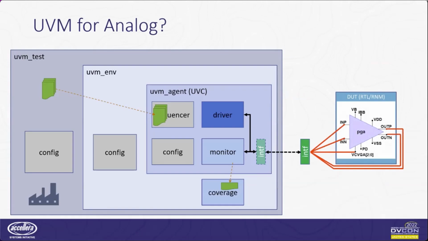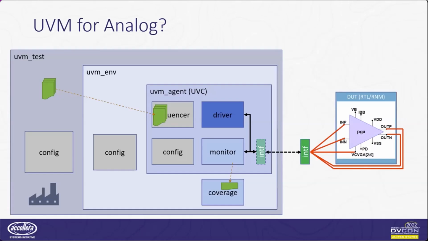How are we going to do that with analog behaviors? And so what we need to do is to understand how we can extend the idea of a driver and a monitor from the digital realm, and also a transaction item that defines what is the information that needs to be communicated across that protocol, and use that for analog devices as well.